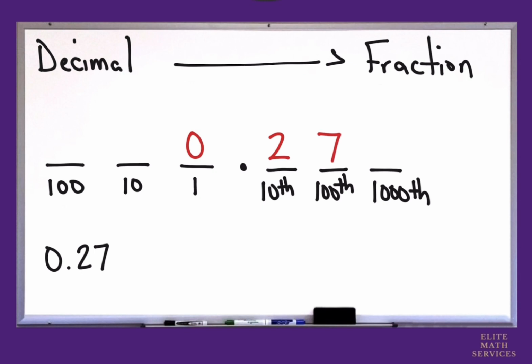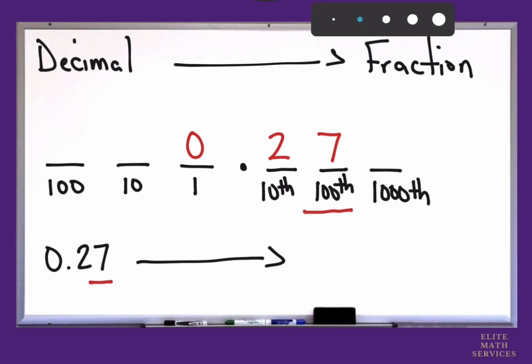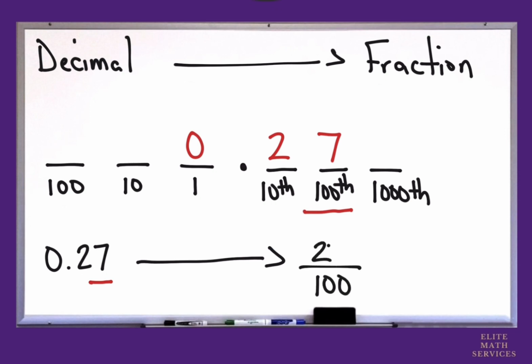Now it's important to always look at the very last number and where it is placed. So our last number here is a 7 and is in the hundredths place. So that determines our denominator. And then the 27 is our numerator. So 0.27 is equal to 27 over 100 in fraction form.